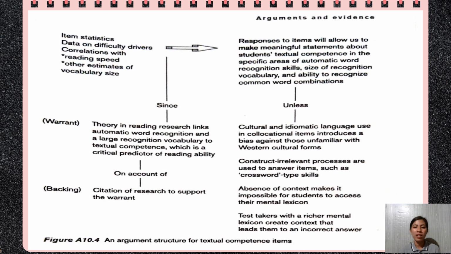There's no context so students cannot understand or use their vocabulary properly. And the last is that some students may guess wrongly because their strong vocabulary gives them ideas that don't match the test intention.